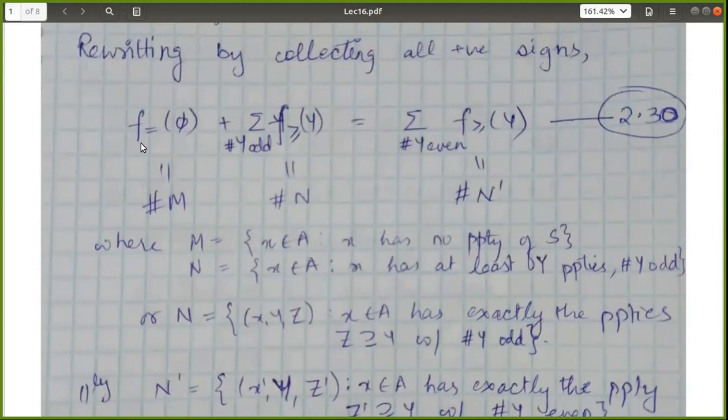So I said that once you have put this equality, I am putting this number to be equal to the cardinality of some set, this to be the cardinality of some set, and this to be the cardinality of some set, right?